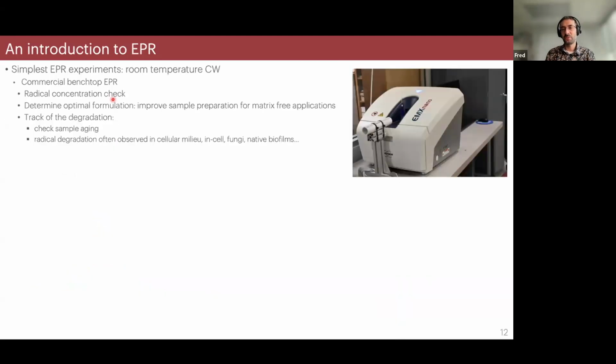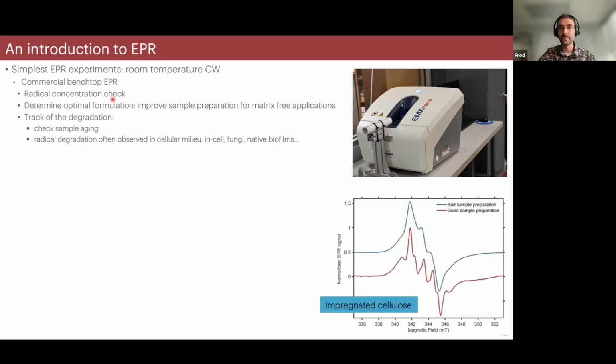And the simplest EPR experiment you can think of is just with a benchtop EPR spectrometer. For DNP, you can check your radical concentration, check the sample preparation, track the degradation. For instance, we have observed that in cellular milieu, in cells, in fungi, in native biofilms, the radicals tend to degrade. And that can give you an idea of how quickly they degrade.